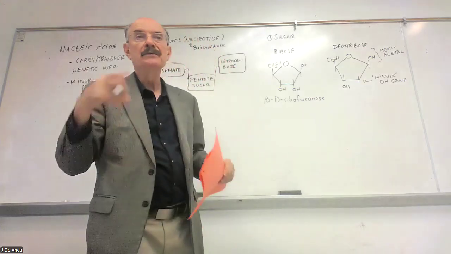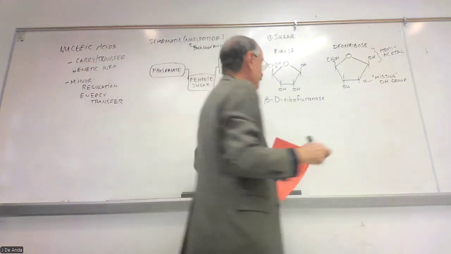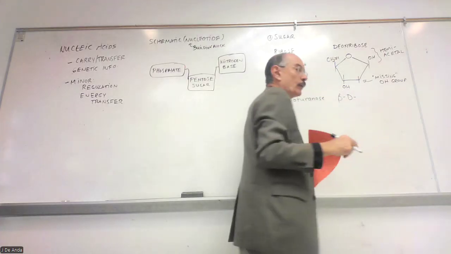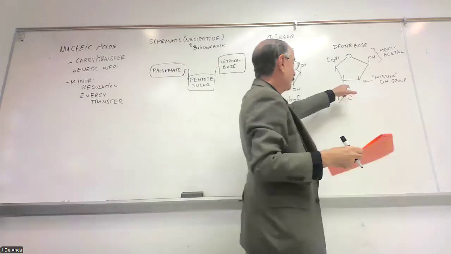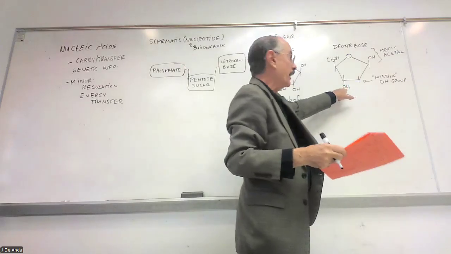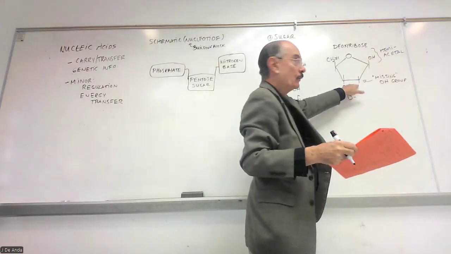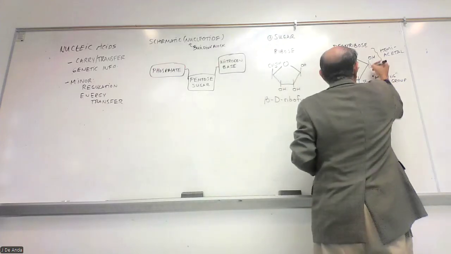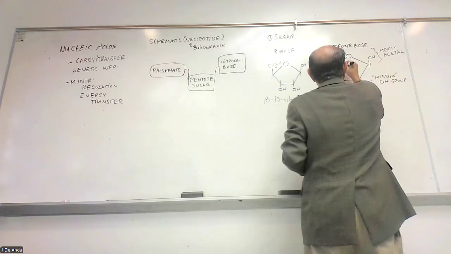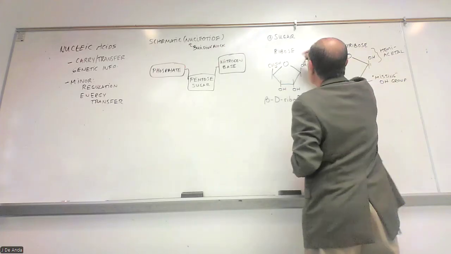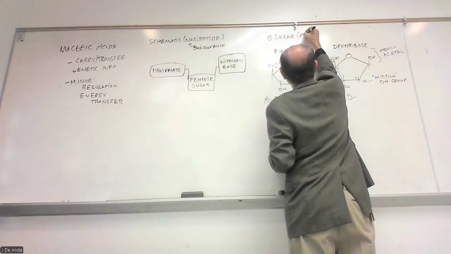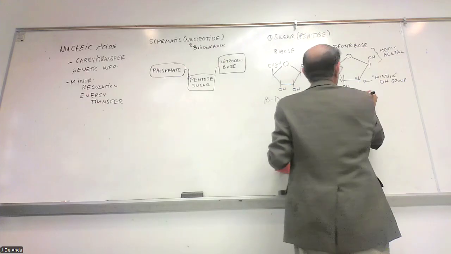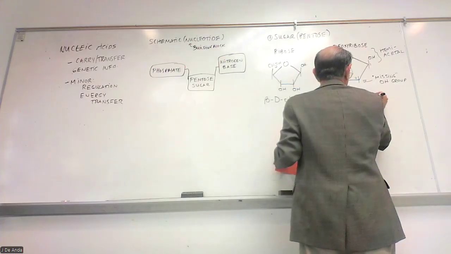Just to keep us thinking about these things. And then this guy would be, again, beta D. But we had to make an exception here because you could have taken off the OH at this carbon instead of that one, or for that matter, the one over here. So if this is carbon number 1, 2, 3, 4, 5, remember it's a pentose, this would be 2-deoxyribofuranose.